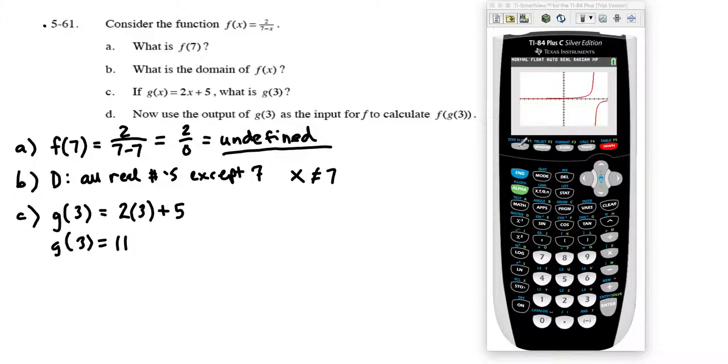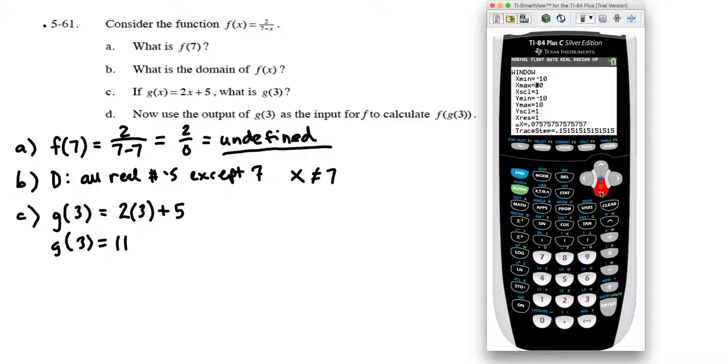We can check that here. Let's go on to our calculator. Let's just type in the function 2x plus 5. Graph that. Now we are saying that our output's going to be 11, and my y-axis only goes up to 10, so I'm going to go ahead and adjust that real quick.